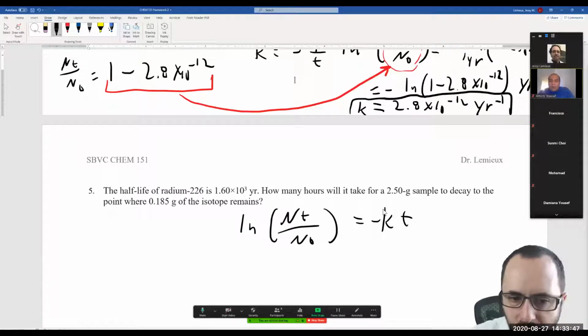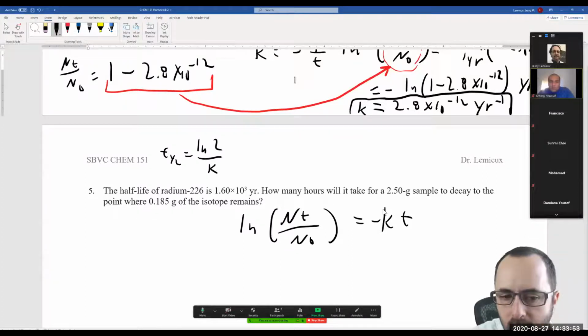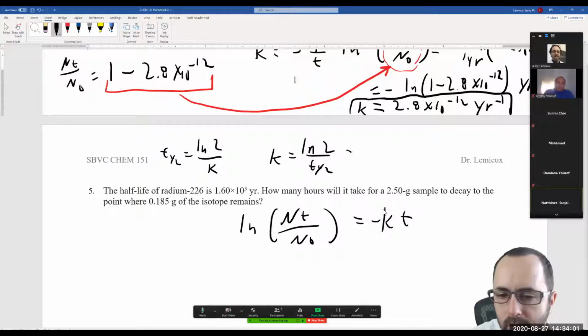If you're given the half-life, you may need the K. So the half-life equals natural log of 2 over K, or equivalently, if you need to get the K, K is natural log of 2 over the half-life. So like right here, for example, the K is the natural log of 2 over the half-life 1.60 times 10 to the 3rd years.